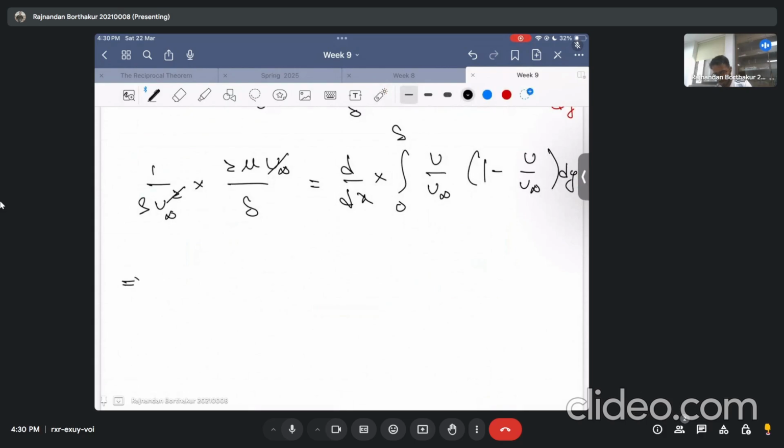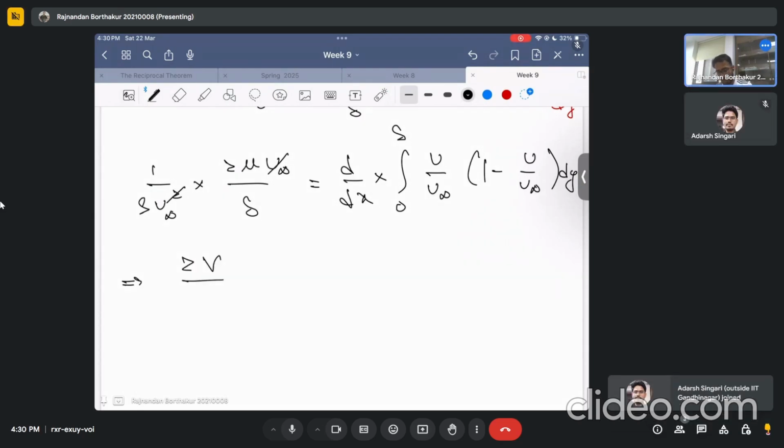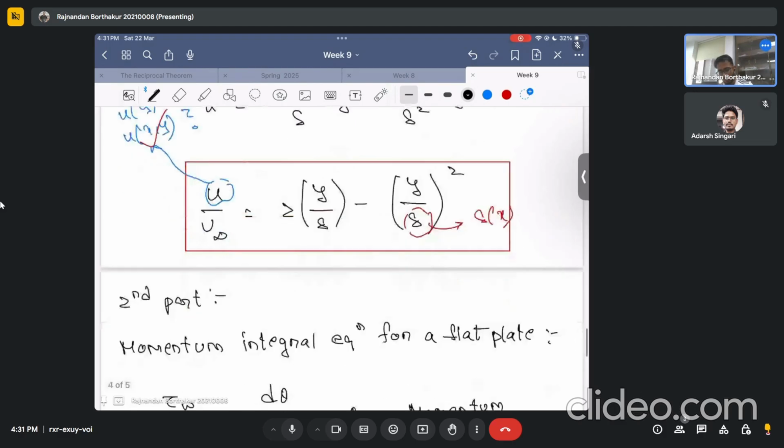So this becomes 2 times the kinematic viscosity, because mu by rho, the dynamic viscosity by rho, happens to be the kinematic viscosity, so it is 2 mu by delta u infinity, and this is equal to d/dx of the integral 0 to delta, where u by u infinity is 2 times y by delta minus y by delta squared.